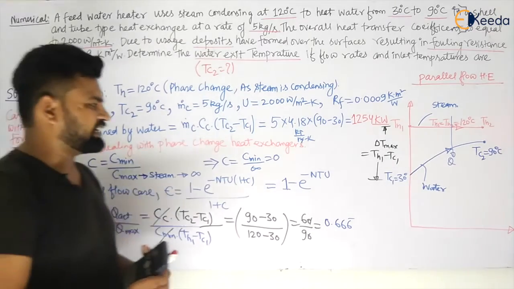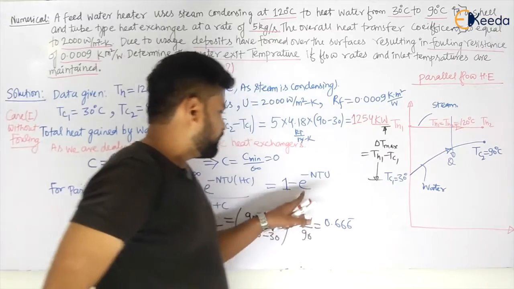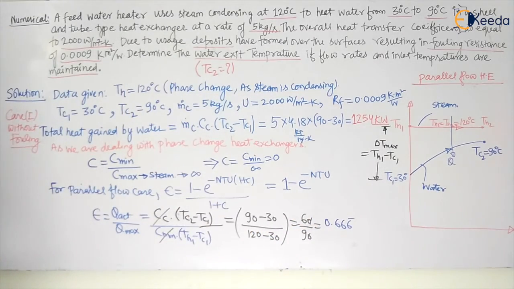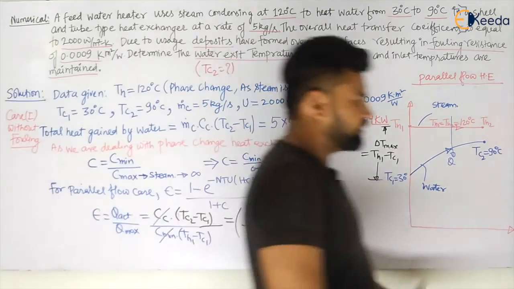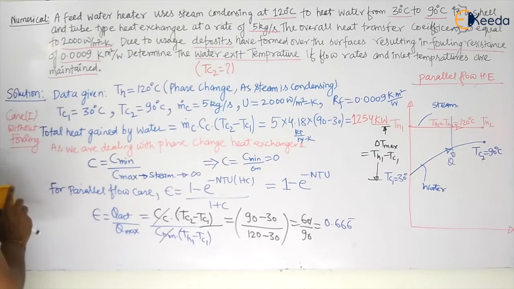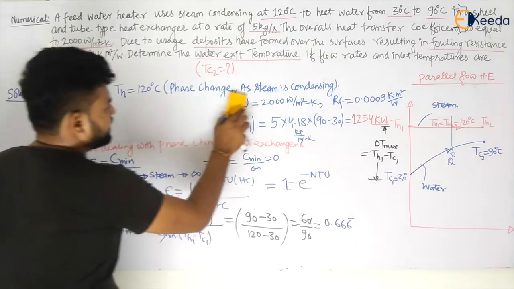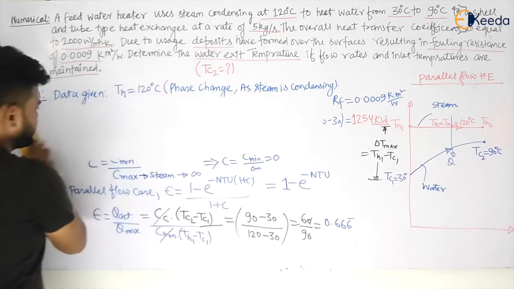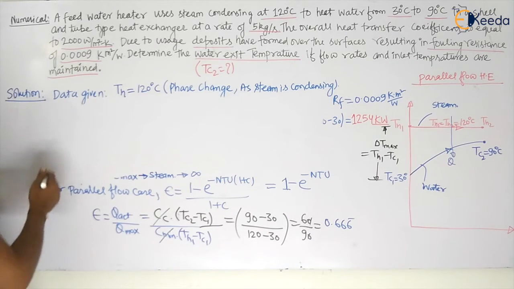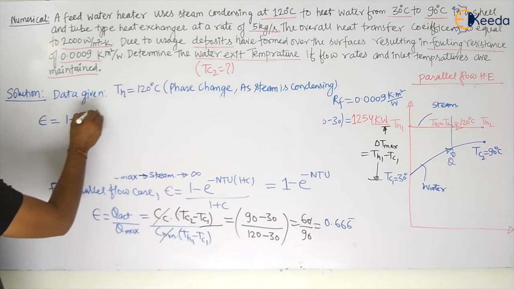So as we know the effectiveness, can we calculate the NTU from here? Yes, we can calculate the NTU. So let us calculate the NTU first, my dear students. E is equal to 1 minus e to the power minus NTU.